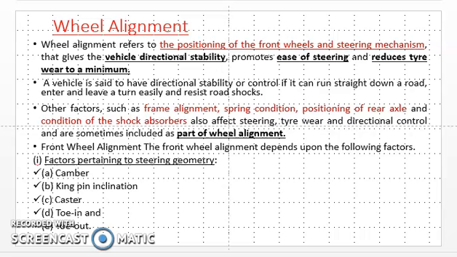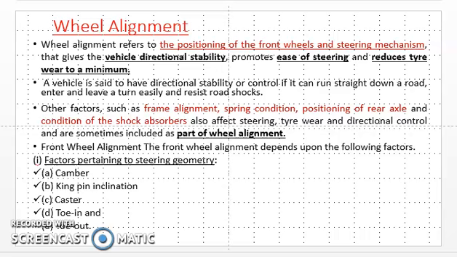It also refers to the positioning of the front wheels and steering mechanism so that we will get good directional stability. To get good directional stability, there are various factors you have to consider.